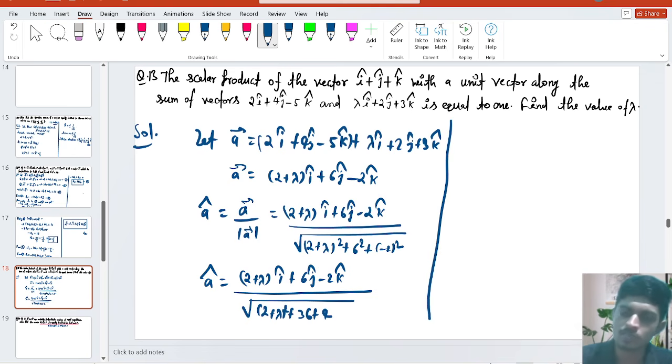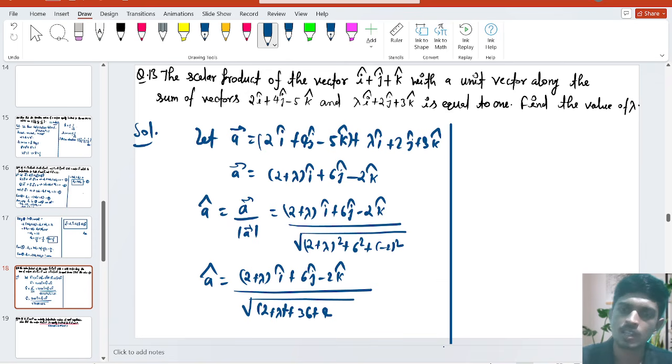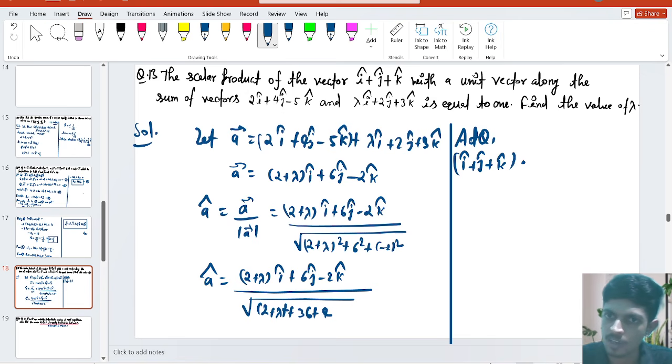According to the question, the dot product of i cap plus j cap plus k cap with a cap is equal to 1. The unit vector along the sum of this vector dotted with this is equal to 1.